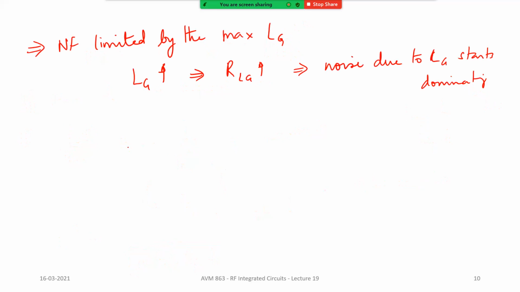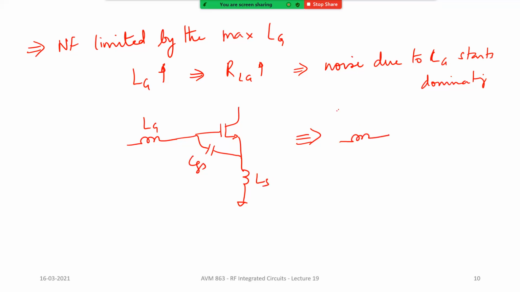Okay, let me redraw this circuit. This can be equivalently drawn as what? Ls plus Lg, CGS, or rather, let me draw it like this, RS.